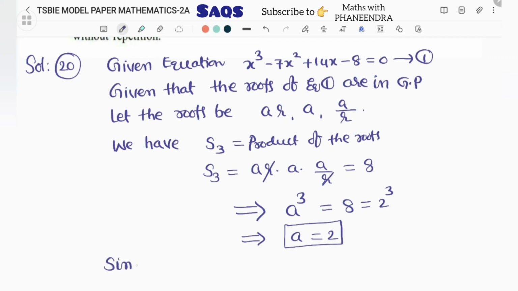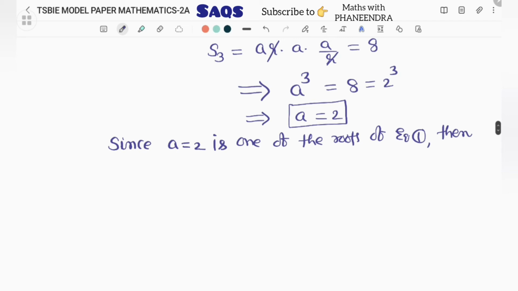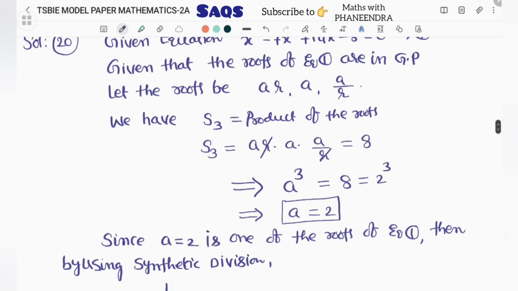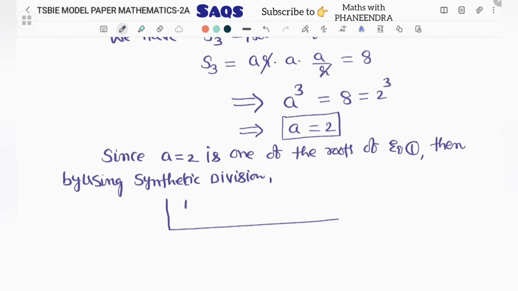Since A is equal to 2 is one of the roots of equation 1, then by using synthetic division, the x cube coefficient is 1, then minus 7, 14 and minus 8.